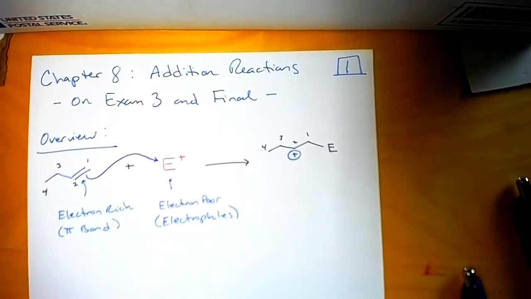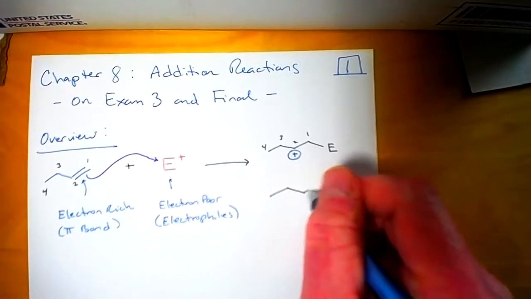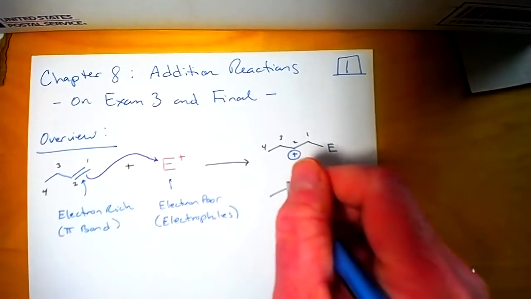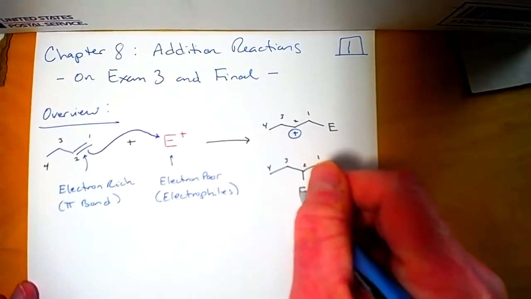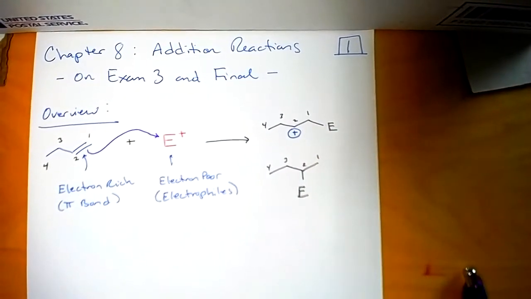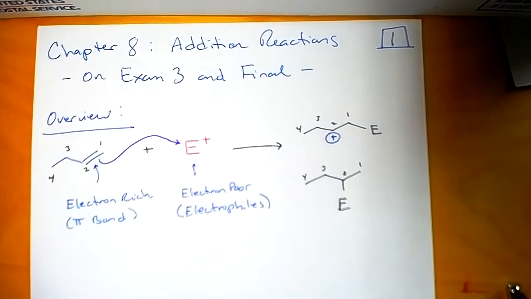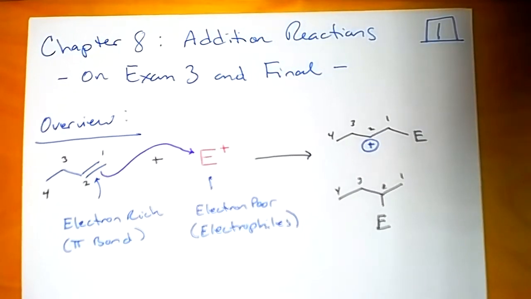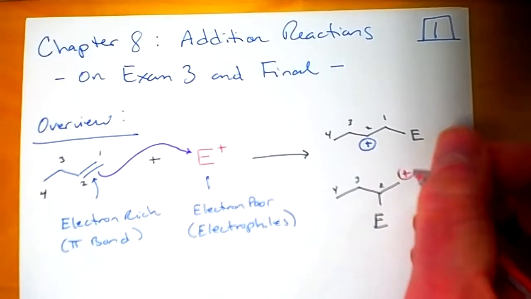The other option is if you were to add the electrophile at carbon number 2. I'm going to blow this up a little bit. And so here the positive charge is on number 1.